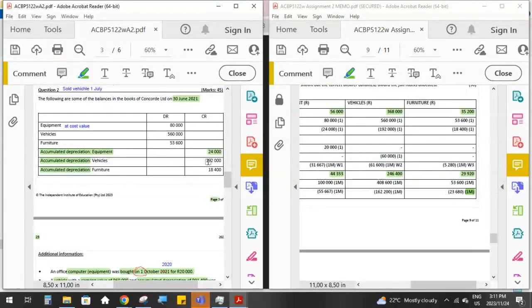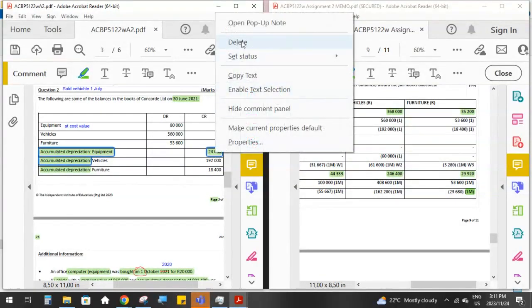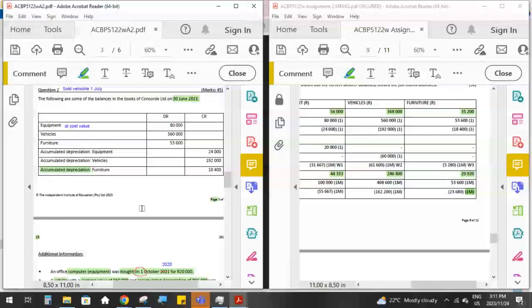Okay? And which is why we call these ACDEP accounts negative assets, because we use these accounts as a separate account to record when we depreciate our assets at the end of the year by how much in total has the original cost value of our asset diminished because of depreciation over time, over the years that we've owned that asset.